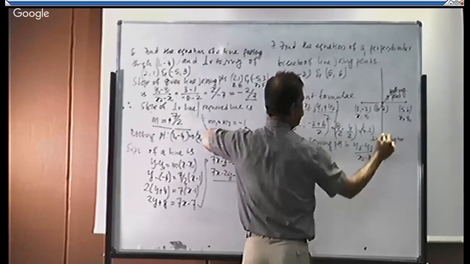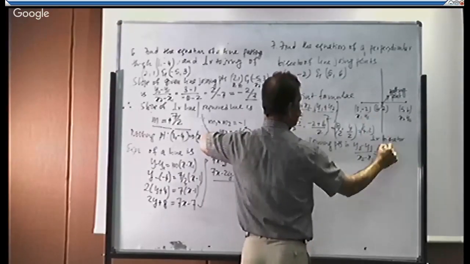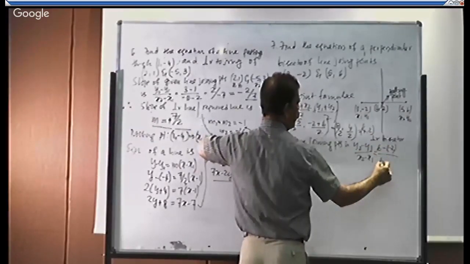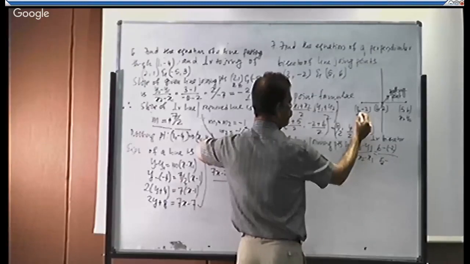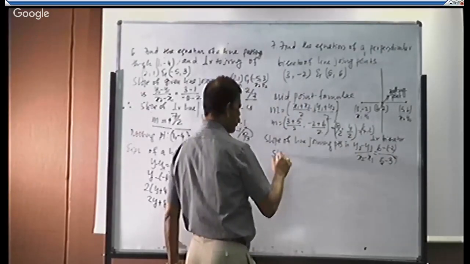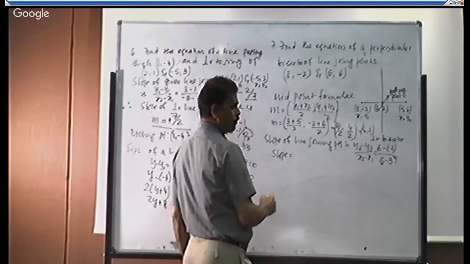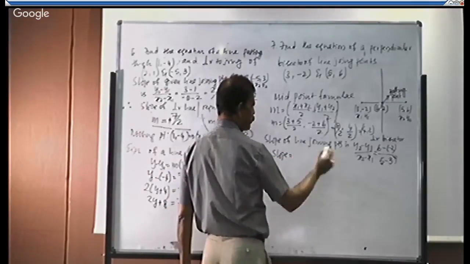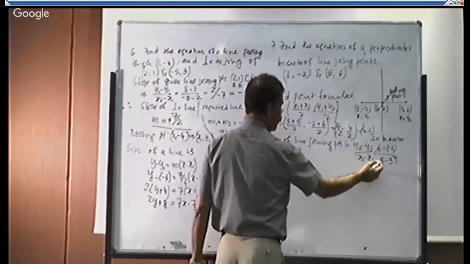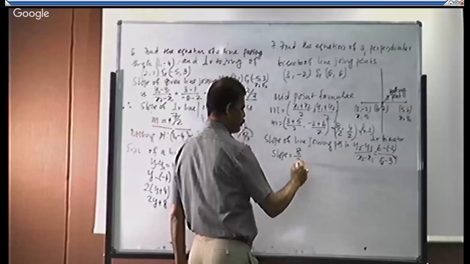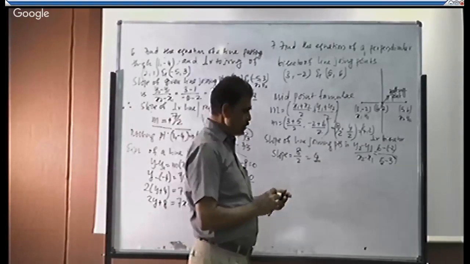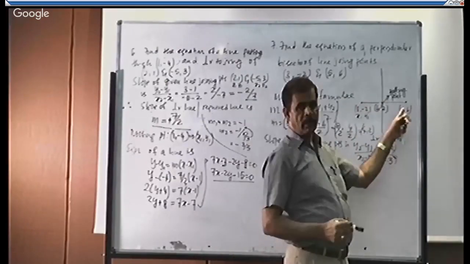Same thing. y2 is 6 minus y1, which is minus 2, divided by x2. x2 is 5 minus x1. x1 is 3. So the slope of the given line is 6 minus of minus 2, plus 8, divided by 5 minus 3 is 2. It is 4 only. We have the slope of the line joining the points.